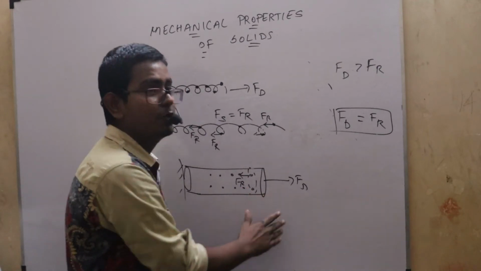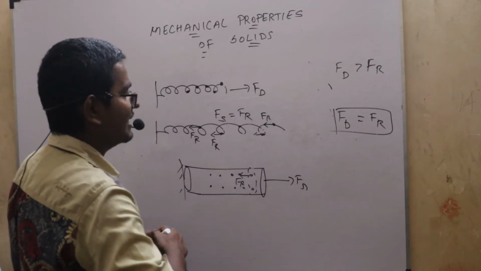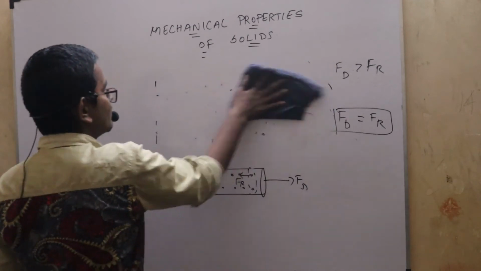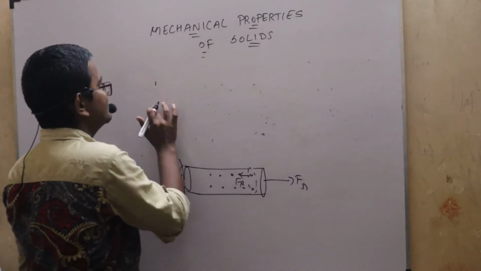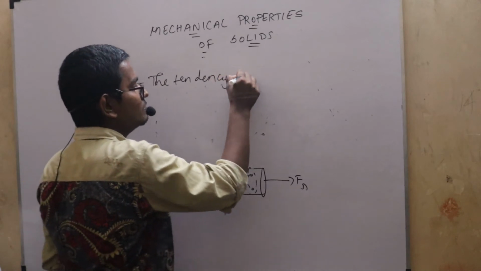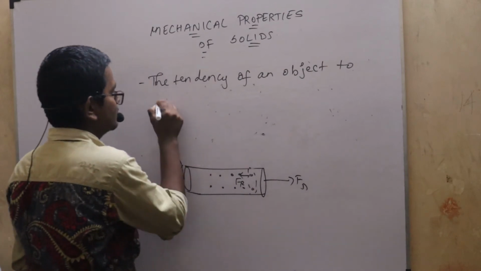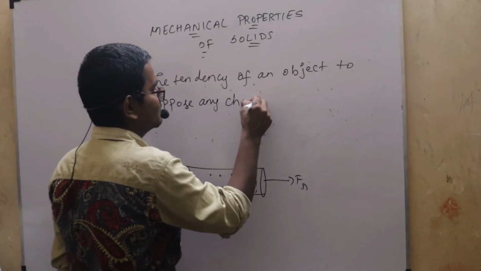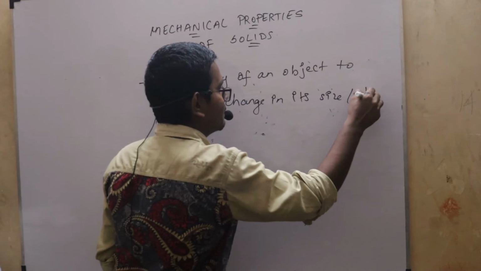Now I'm going to give a very good definition of elasticity. It is a second definition of elasticity, my dear friends. See here: the tendency of an object to oppose any change in its size or shape.